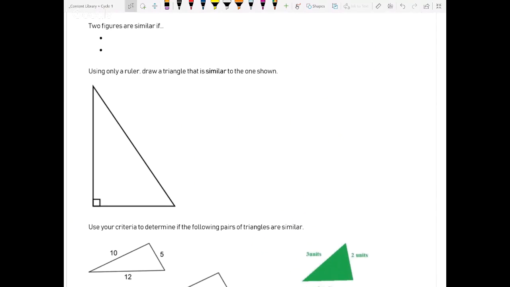Okay, that's pretty close. It's not 5.8, that's 4.8.